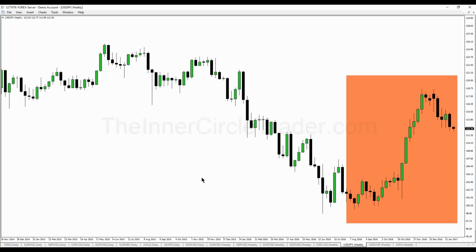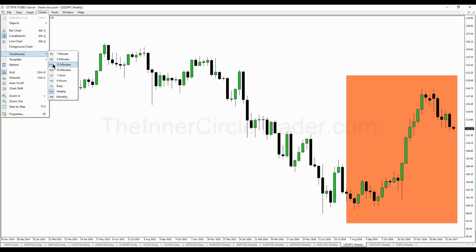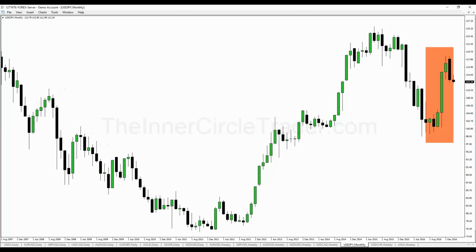Clearly, it's been in a trending environment. So now think about what this does. We've highlighted the markets that have the largest degree of displacement. It's clearly discernible. We're looking at a weekly chart here, okay? And once you do this with a weekly chart, you can just quickly, easily toggle out to a monthly. I just like seeing it on a weekly chart first, and you can just see the same thing being displayed on a monthly.